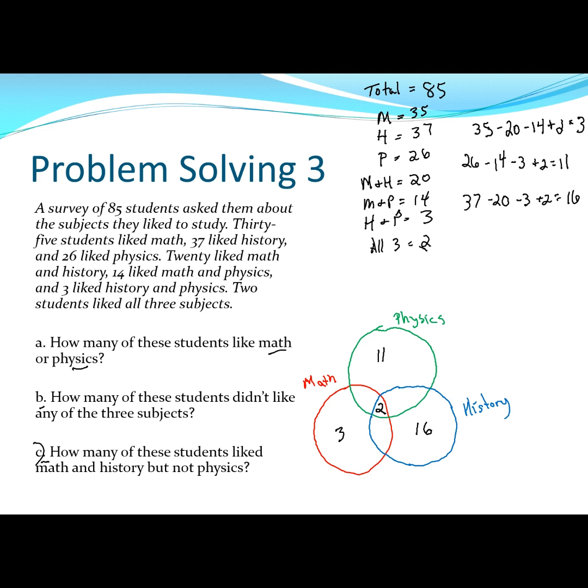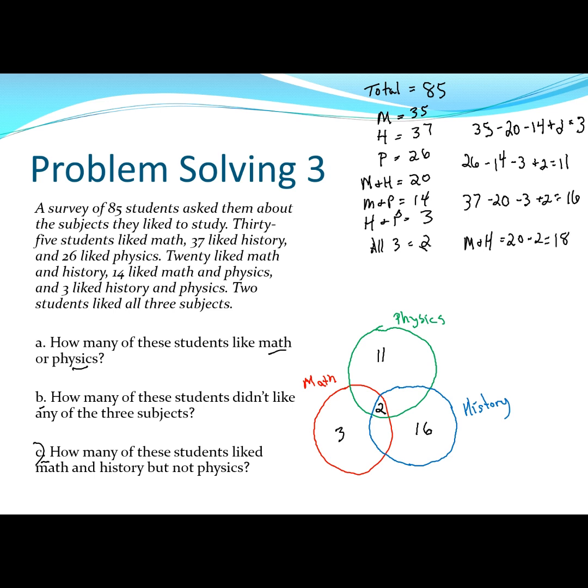Now we need to find out who liked these 3 spots: math and physics, physics and history, math and history. So for math and history only, we're going to take 20, but we need to subtract 2. That will equal 18.